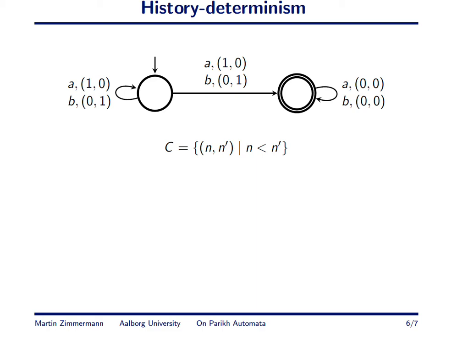But let's now talk about history determinism. This was the original motivation. So we wanted to look at history deterministic Parikh automata. And typically the motivation for history determinism, which is also called good for gameness, is that you want to solve games. And this is in particular interesting in settings where games are decidable if you have deterministic specification automata, but might be undecidable or infeasible when you have non-deterministic specification automata.